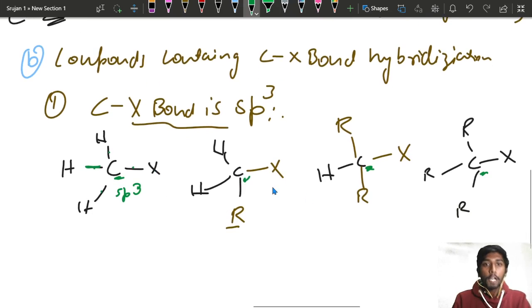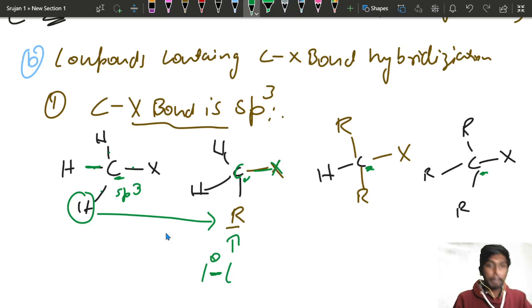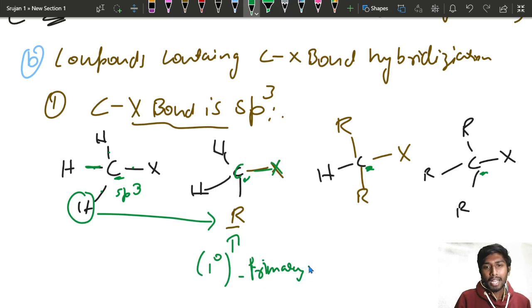For this carbon-halogen bond, where the carbon has made the bond with the halogen, if for that carbon atom you replace one hydrogen atom with an R group, then that group is called a primary haloalkyl group, or primary alkyl halide.